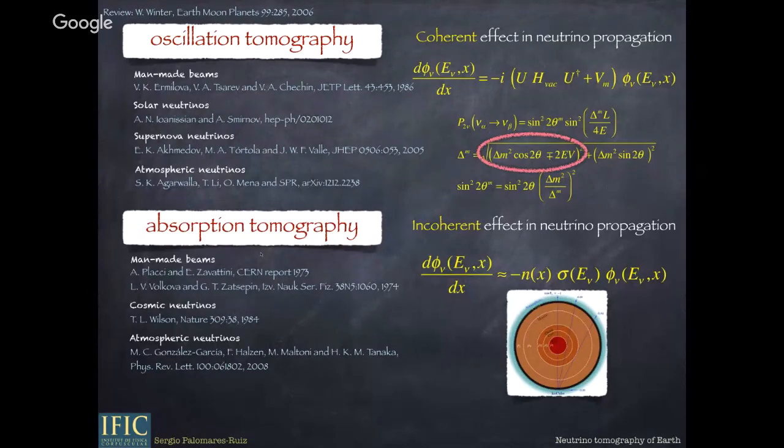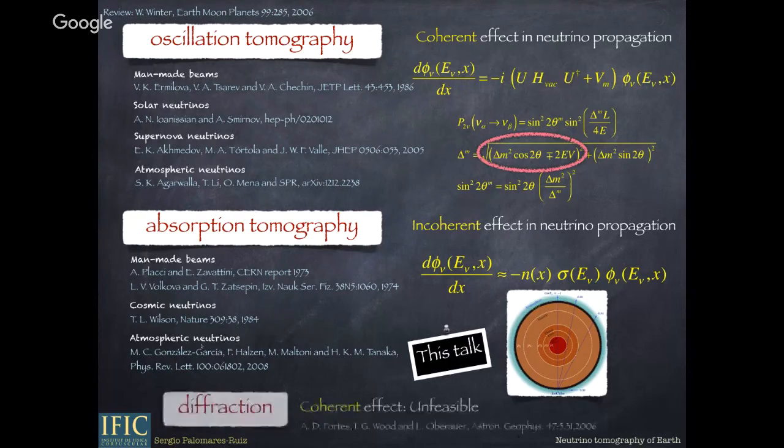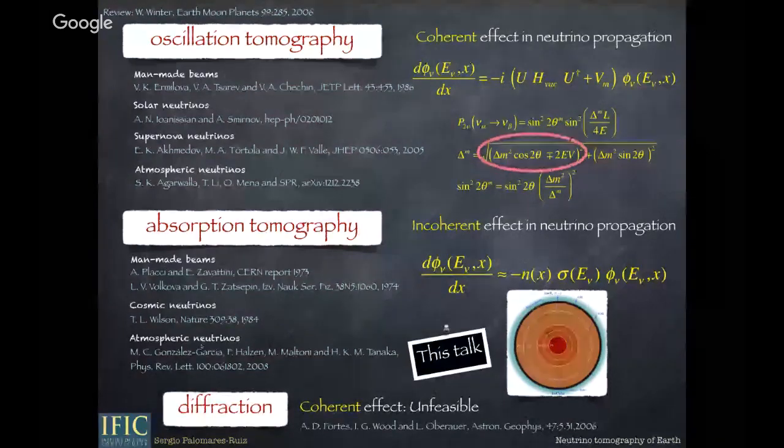As I said, there are different ways to do this, and for the rest of the talk, I'm going to concentrate on atmospheric neutrinos and absorption neutrino tomography. And then there is a third type of tomography, which uses the diffraction of neutrinos. It was considered a few years ago, but this is completely unfeasible.